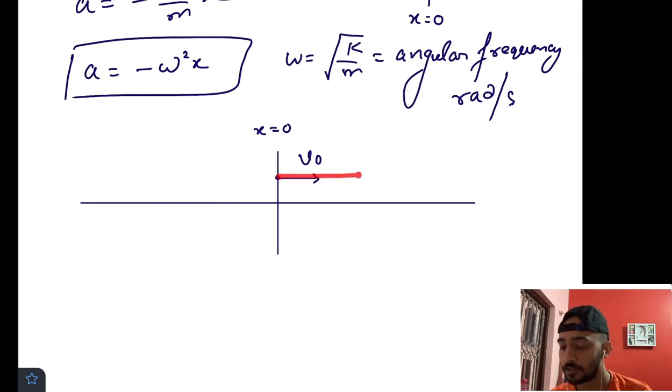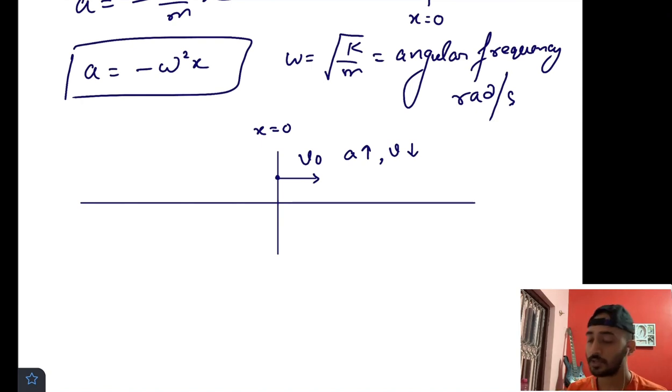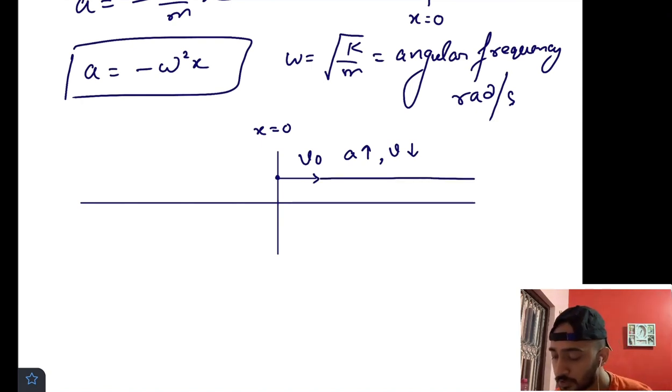The particle moves towards the right, so x is increasing in the positive direction. The acceleration starts acting towards the left, so the acceleration increases and the speed decreases.